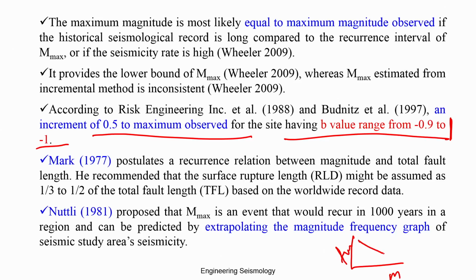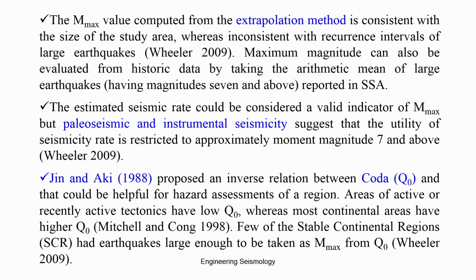So you will get a curve like this, they extrapolate it like this, and take this value as your m max. That is the magnitude frequency method proposed by NPTEL in 1981. The m max value computed by the extrapolation method is consistent with the size of the study area, whereas it is inconsistent with the recurrence interval of the large earthquake.